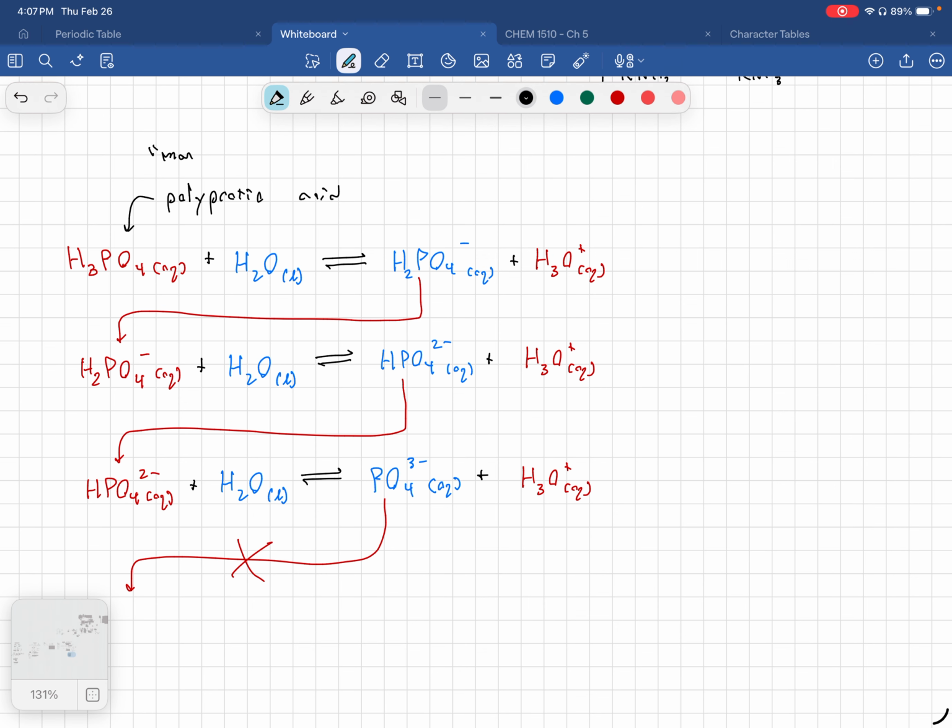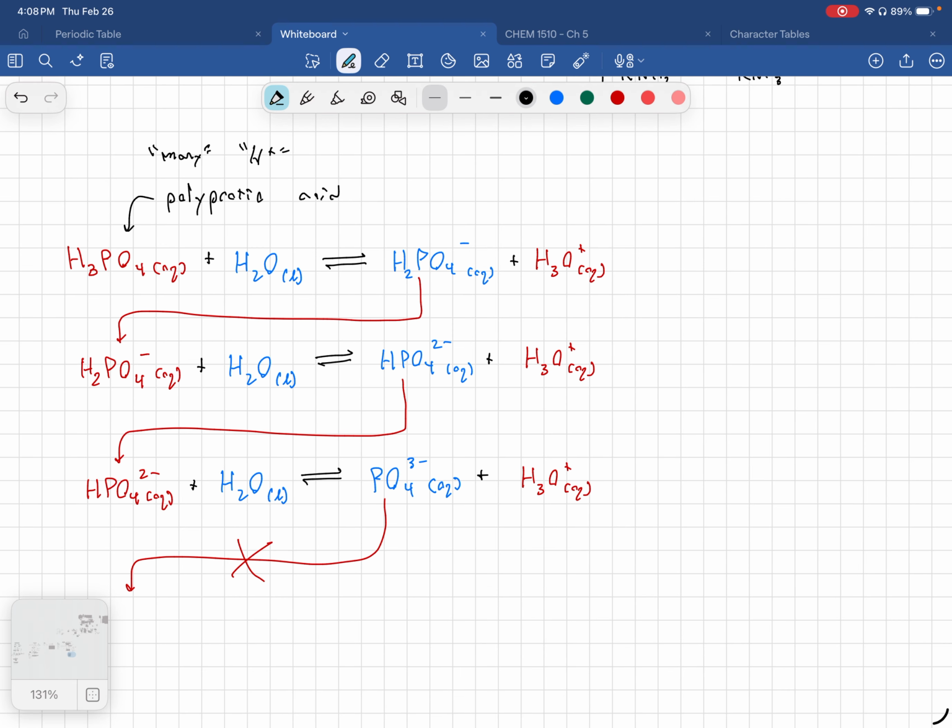Poly, many, protic, H plus. So this is an acid that can produce per molecule more than one H plus it can donate. Okay, and so phosphoric acid here, you could call it a triprotic acid.